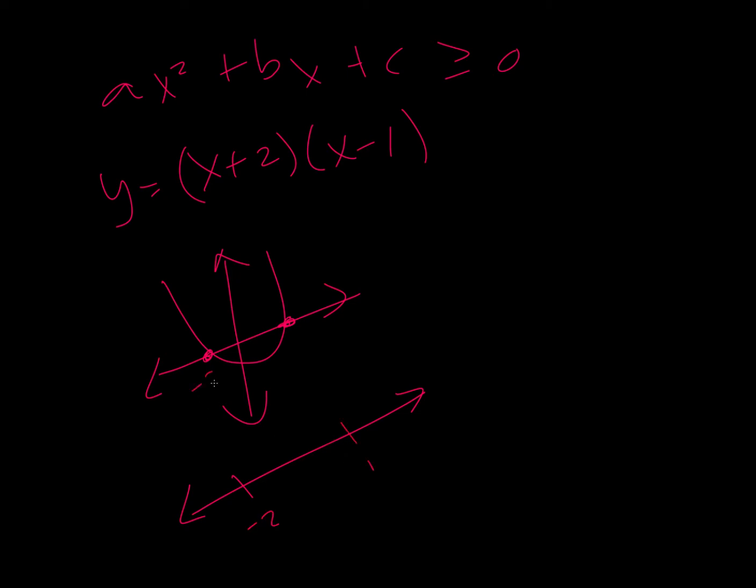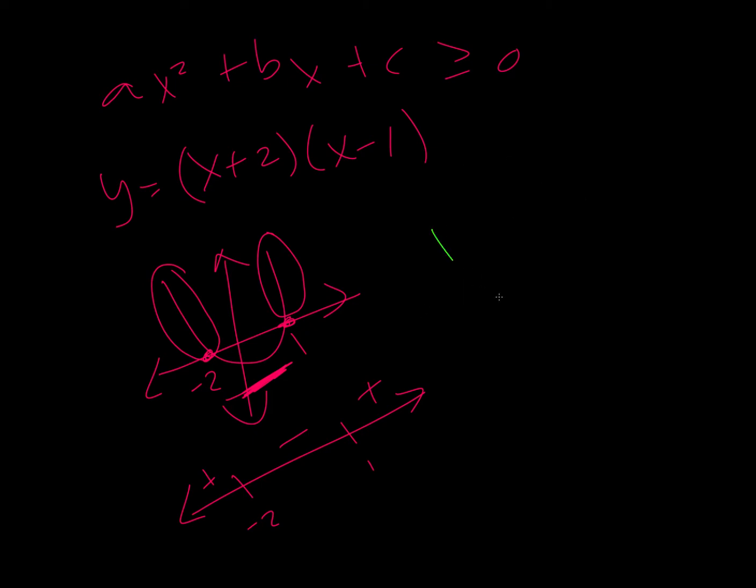So if that's -2 and that's 1, this would be positive, negative, positive. Because this piece is above the x-axis, this piece is also above the x-axis, and that's why it gets positives. But then everything in between -2 and 1 is below the x-axis, and so that's why it is a negative.